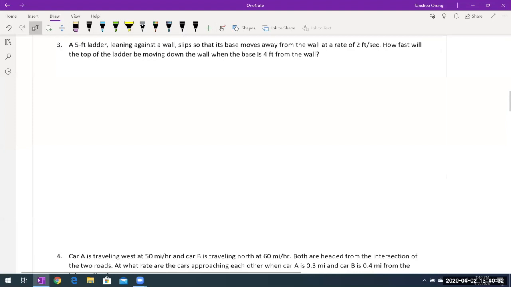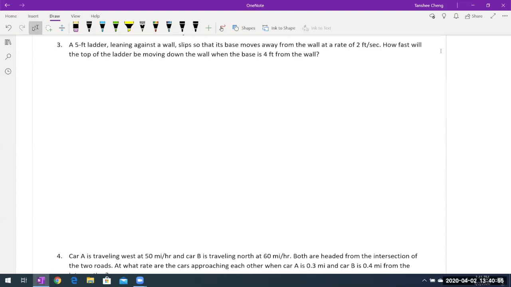So the third example: a 5-foot ladder is leaning against the wall and slipping so that its base moves away from the wall at a rate of 2 feet per second. How fast will the top of the ladder be moving down the wall when the base is 4 feet from the wall?